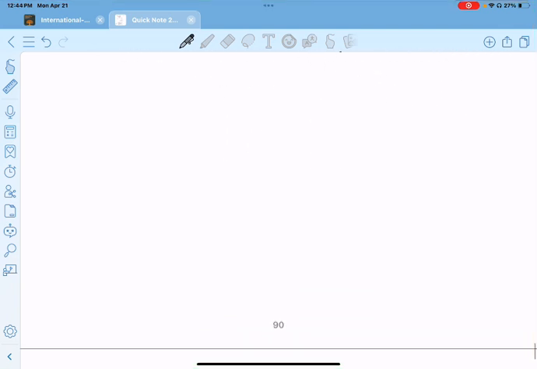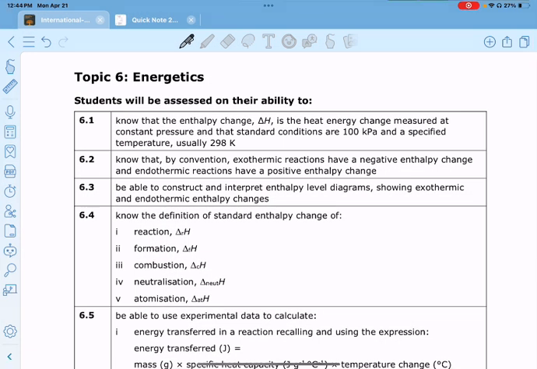That's basically that. And then we have to note that enthalpy change is always done under standard conditions of 1 atmosphere pressure, which is equivalent to 100 kilopascals, and room temperature, which is 25 degrees Celsius or 298 Kelvin. Remember, 25 degrees Celsius, when you add 273, you get 298 Kelvin.